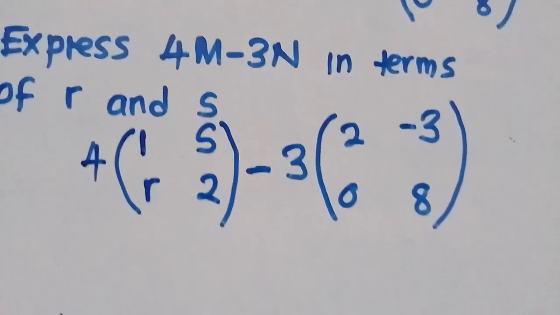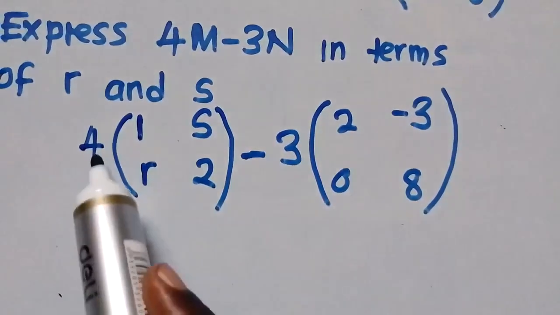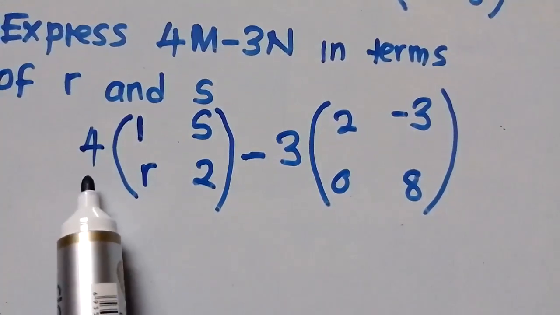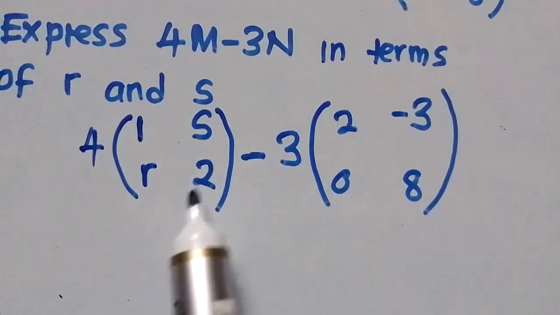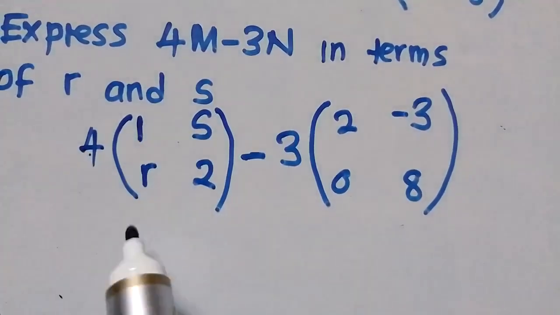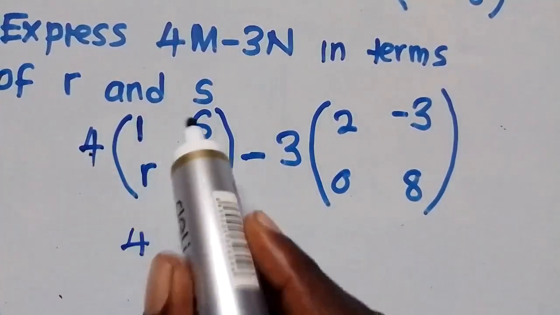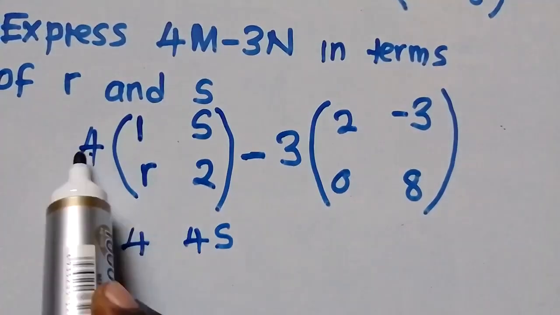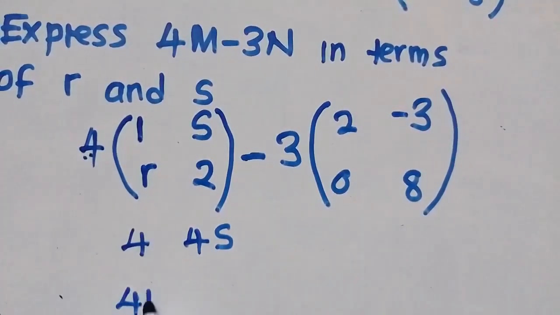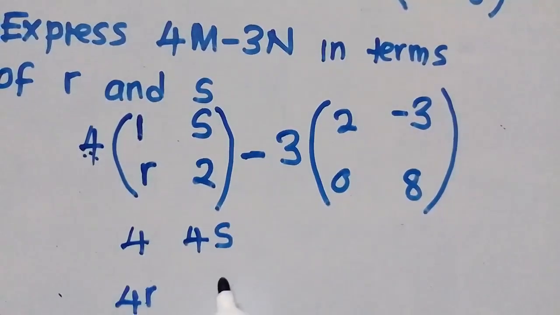So now you start working out this part. You start multiplying. This one is called a scalar, so you'll be multiplying it with all the numbers that are in the bracket. 4 times 1 is 4. 4 times s is 4s. 4 times r is 4r. 4 times 2 is 8.